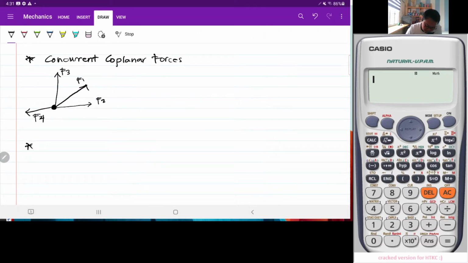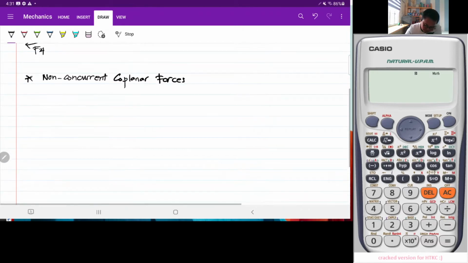The next one is the non-concurrent coplanar forces. Okay, so what are those forces?